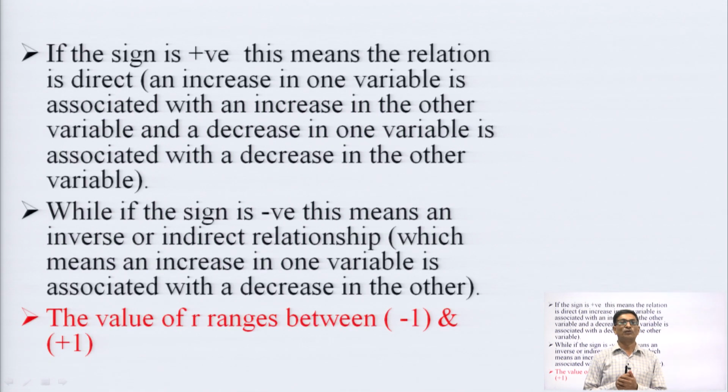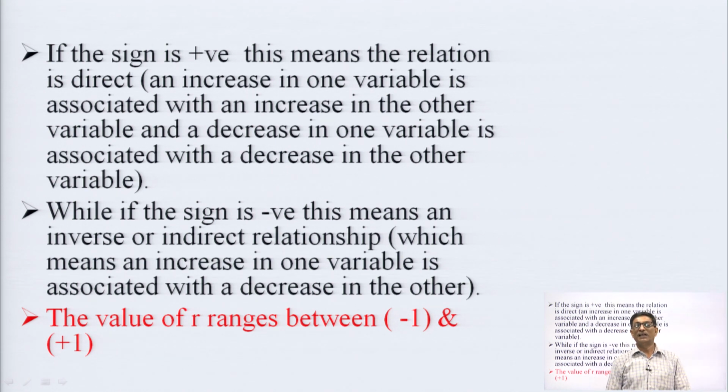If r has a positive sign, this means the relationship is direct, that is, an increase in one variable is associated with an increase in the other variable, and a decrease in one variable is associated with a decrease in the other variable.